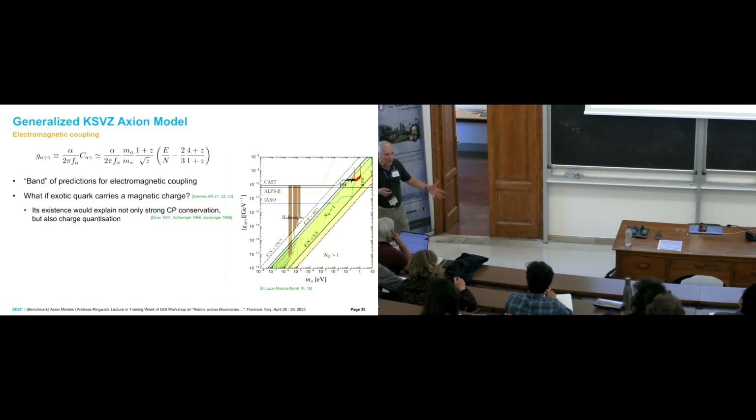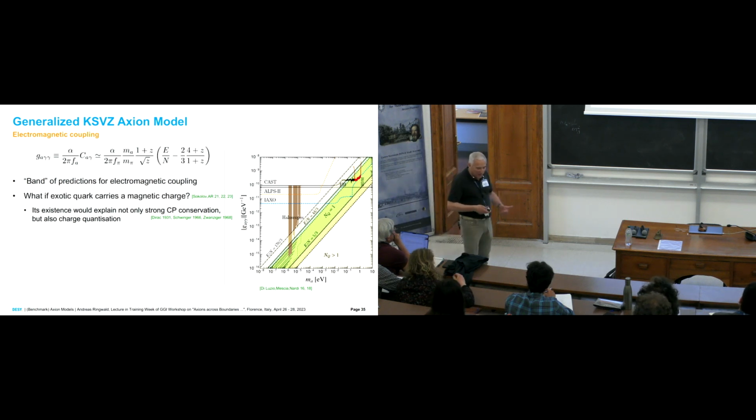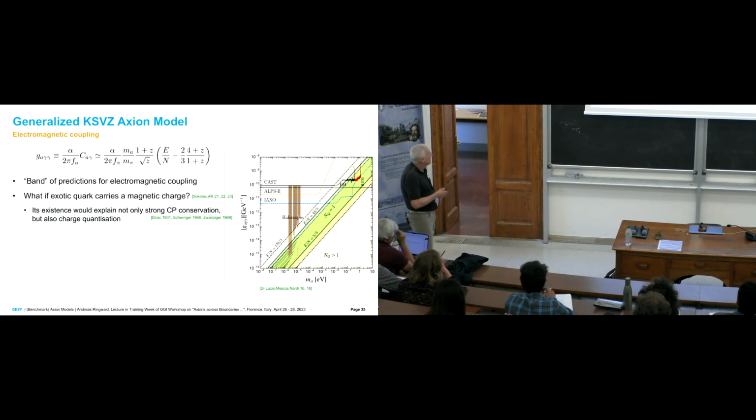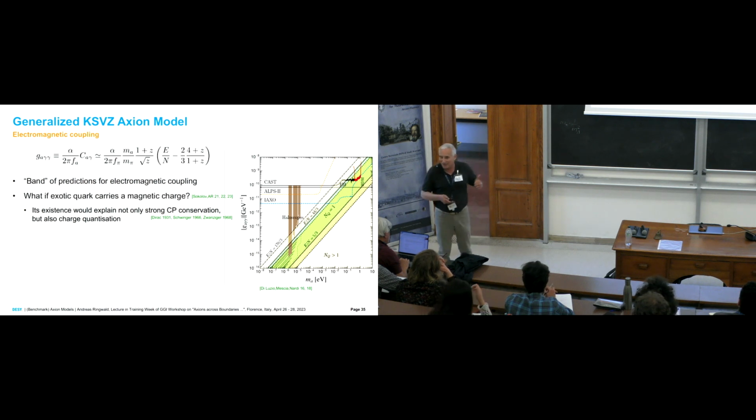But if this exotic quark is at the same time a monopole, or has a magnetic charge, then, because we all know that if there's one magnetic monopole in a theory, by the requirement of consistency of the theories, this existence would explain not only the strong CP conservation, but also charge quantization.